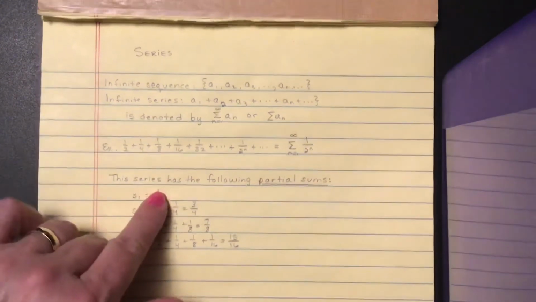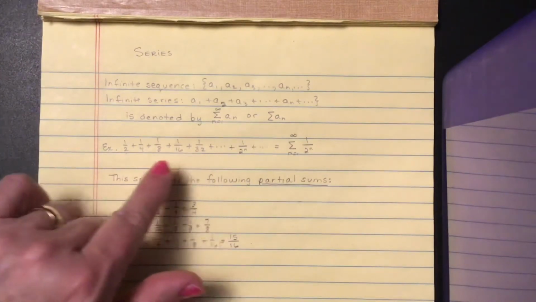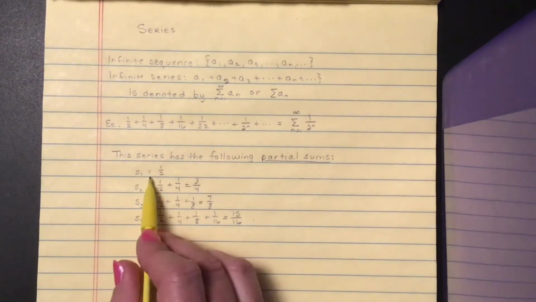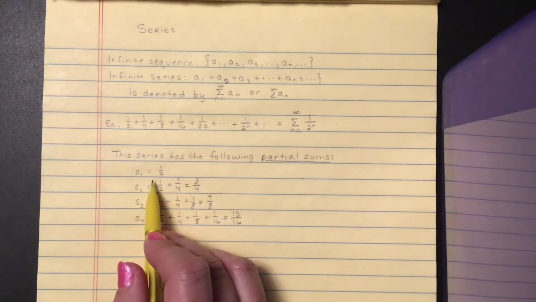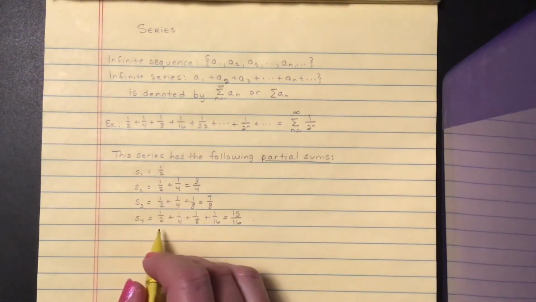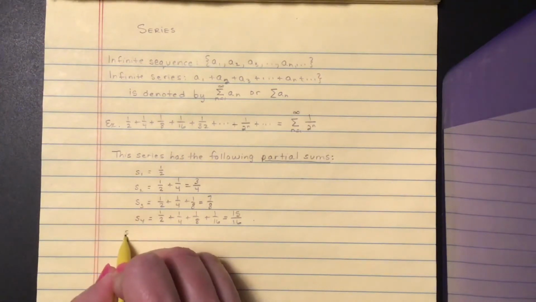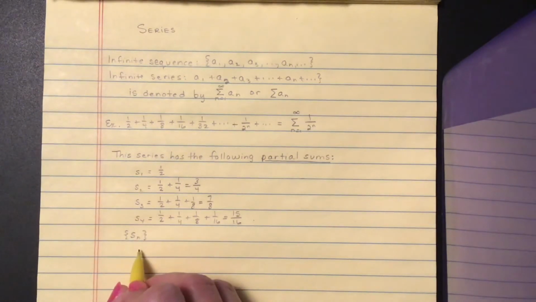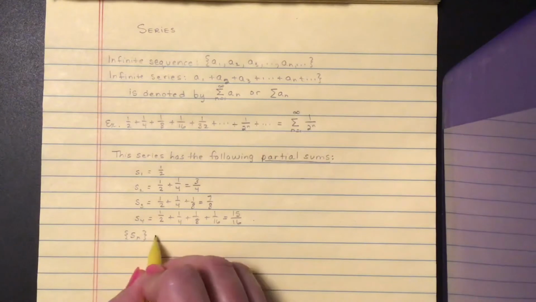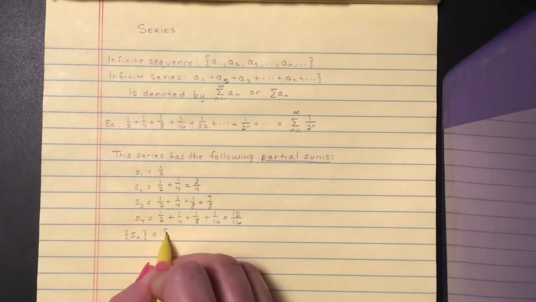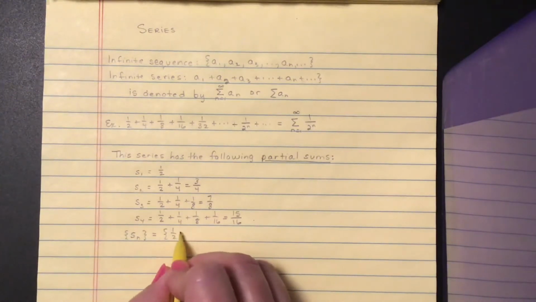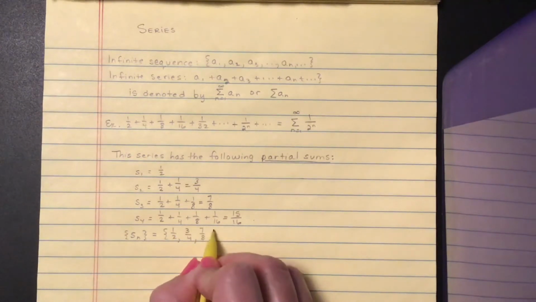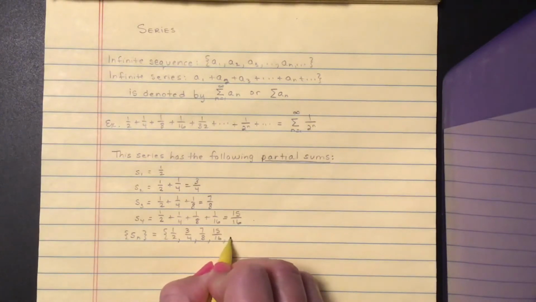So every series has a sequence associated with it, and it is called the sequence of partial sums. So we can represent the sequence of partial sums with this notation. Because it's a sequence, we have this grouping symbol, and here are the sums. The first one we have was 1/2, then 3/4, 7/8, 15/16, and so on.